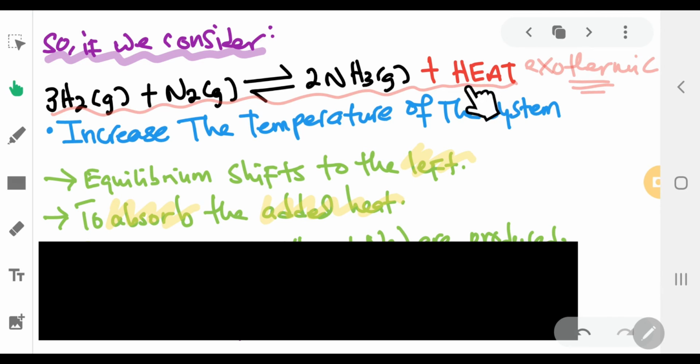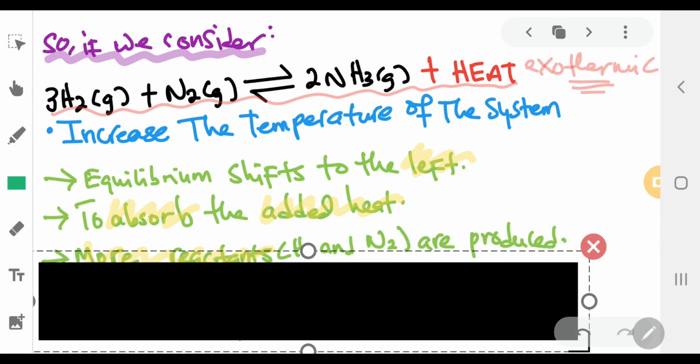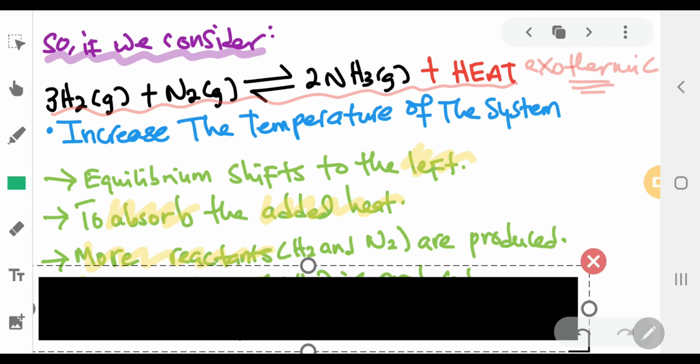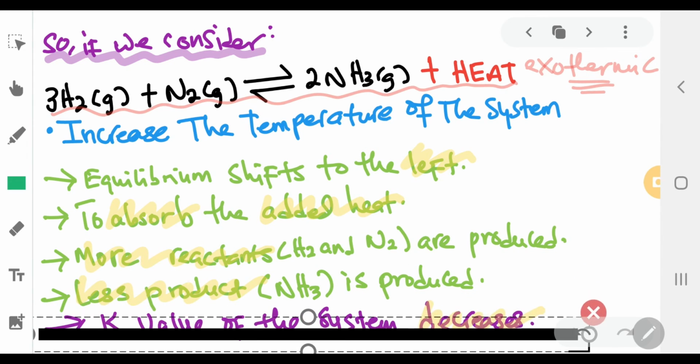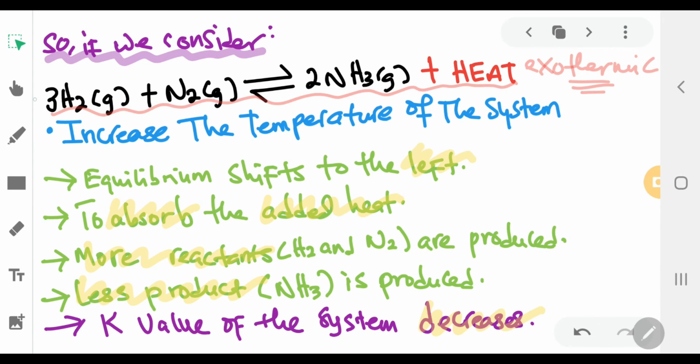So when you add heat into your system, you will need to produce more of your reactants in order to absorb the added heat. Therefore, more reactants will be produced, less product will be produced, and now the K value of the system will decrease.